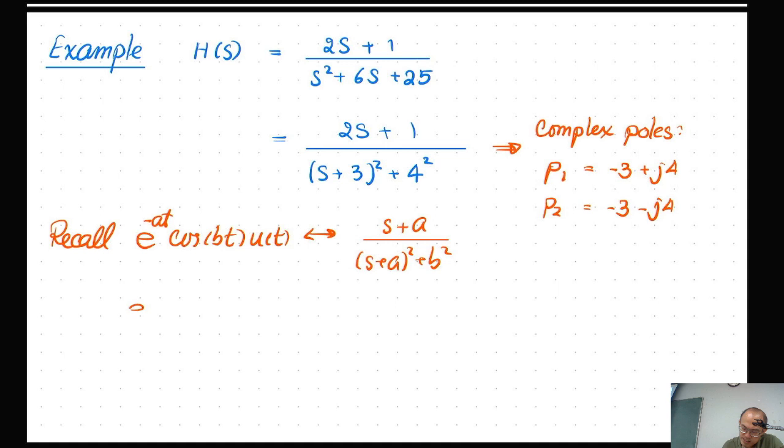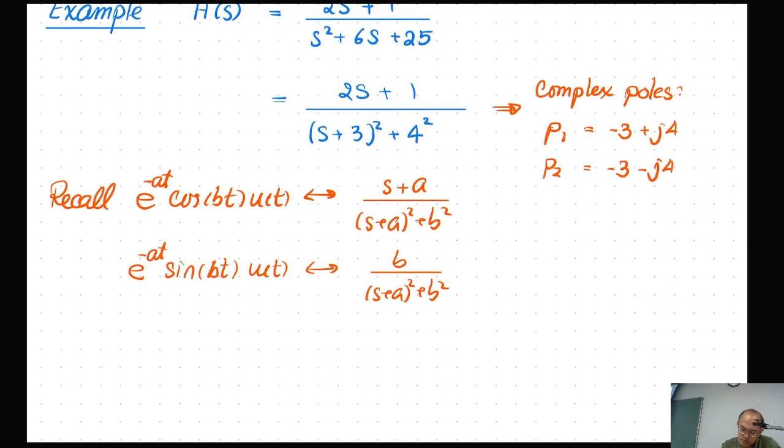On the other hand, e to the negative at sine of bt u(t) corresponds to b over (s plus a) squared plus b squared. So we have to arrange that 2s plus 1 into some of this.